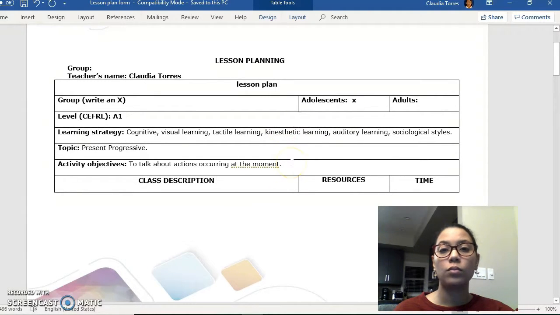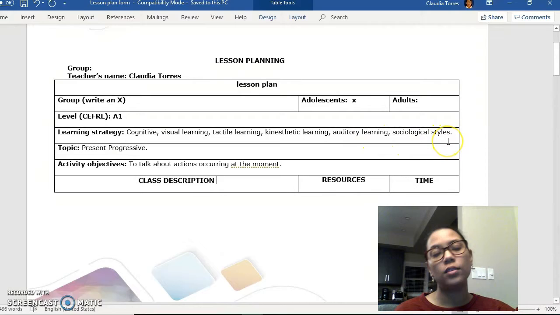So what I intended with this lesson planning was to explore all the communication skills, and also I try to mix up all the learning strategies that I really like. For example, we have cognitive, visual learning, tactile learning, kinesthetic learning, also auditory learning, and sociological styles.